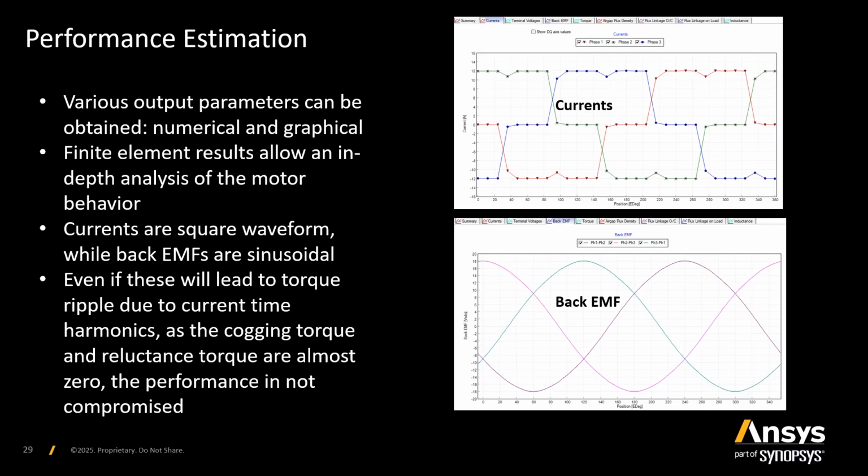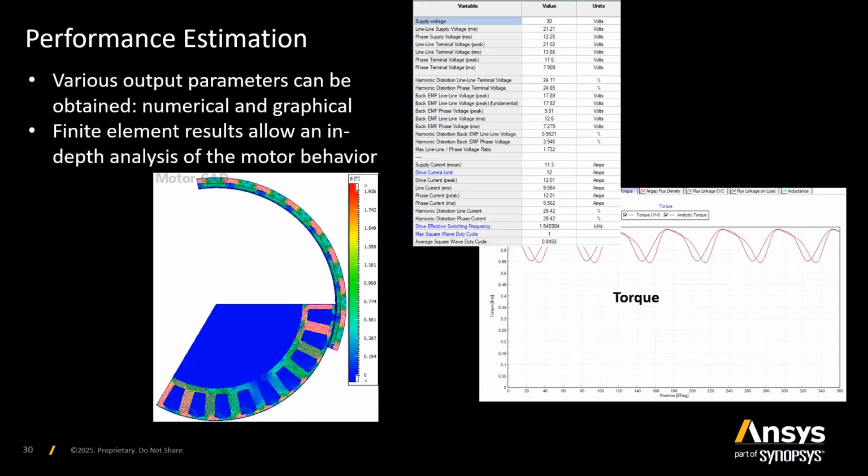Then the currents are typically square wave, and we have as well numerical outputs. This is an image of the torque waveform. There are certain oscillations in the torque waveform, but this is again acceptable for this application.